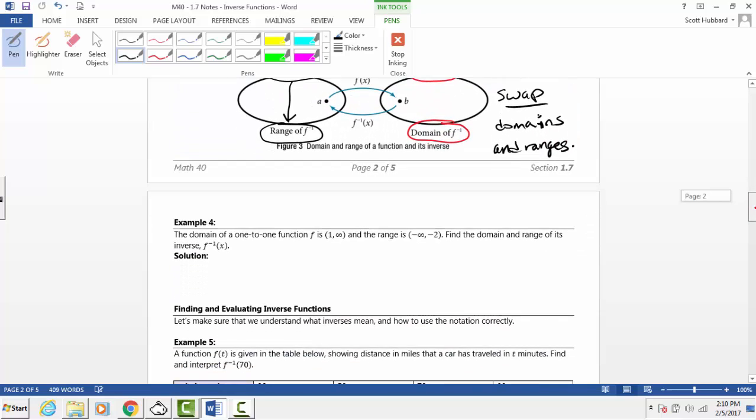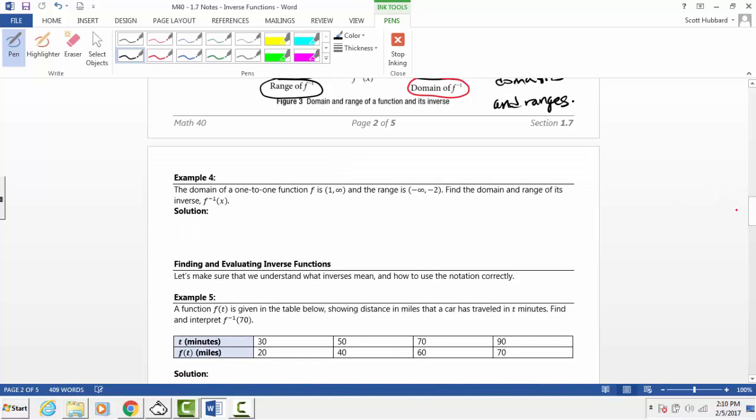Let's get a concrete example here. So if I have this function here, the domain of f is 1 to infinity. Okay, so x can be anything between 1 and infinity, not including. And the range of f is negative infinity to negative 2. Its inverse is going to have the exact opposite.